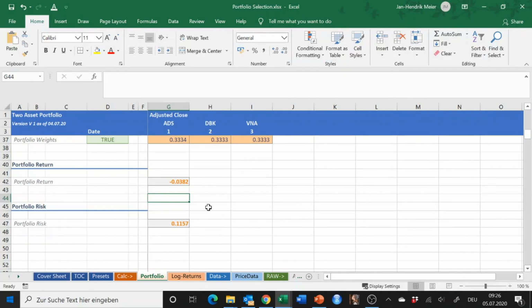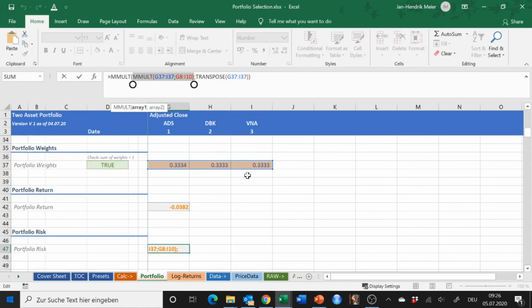The same is true for portfolio risk. I apply the MMULT twice here. On the inner side, I just multiply the weight vector with the covariance matrix. And then I multiply all that again with the transposed weight.